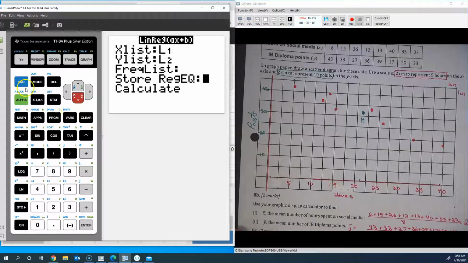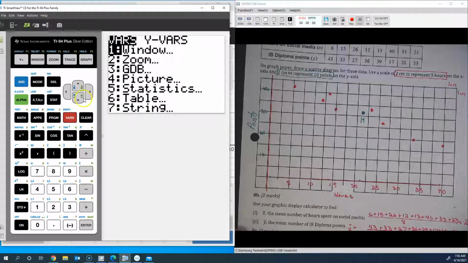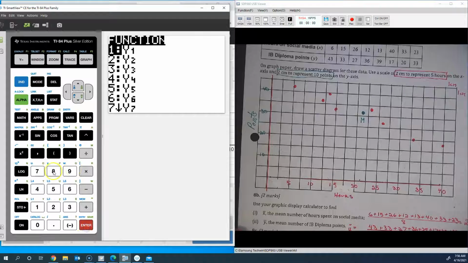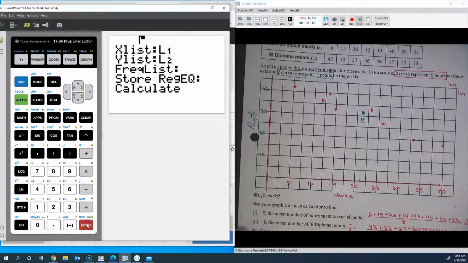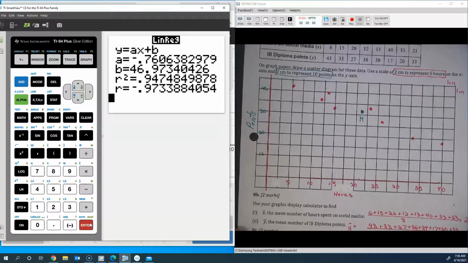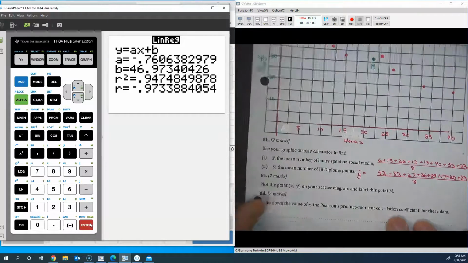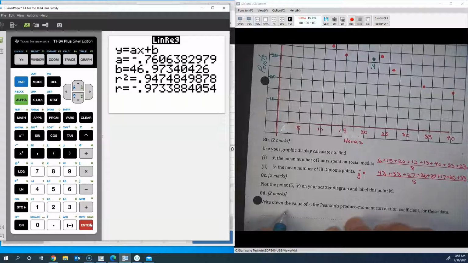I'm going to store this equation in case we've got to graph it: Y variable, Y1, and calculate. My R value for this would be negative 0.973.